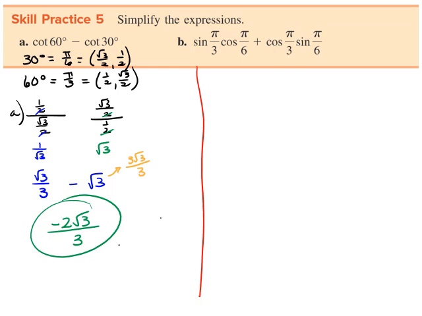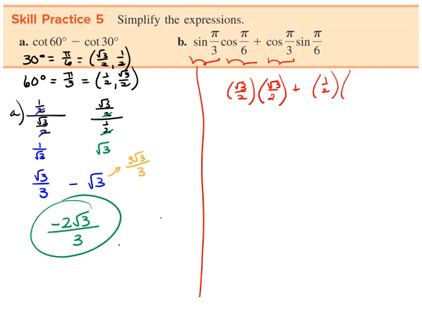I'm going to do the same type of thing in part B. So first, sine of pi over 3. Sine of pi over 3 is root 3 over 2. Cosine of pi over 6 is root 3 over 2. Oops, I'm sorry. Plus cosine of pi over 3 is 1/2.